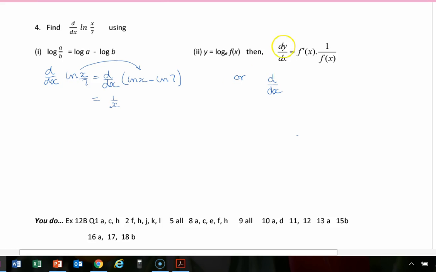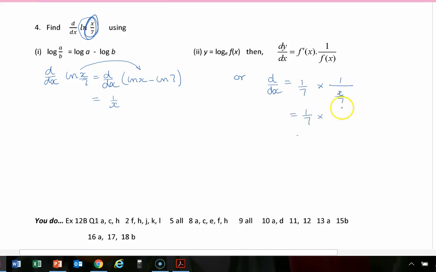Or I could use my previous rule for the derivative, and that is the derivative y dx or d dx would be 1 over, here's my 1 on function x, so I want 1 over x on 7, and I'm going to multiply by the derivative of x on 7. The derivative of x on 7 is 1/7. What does that look like?